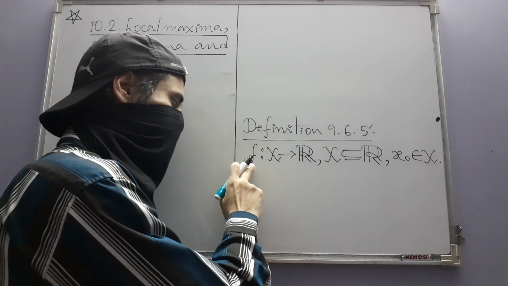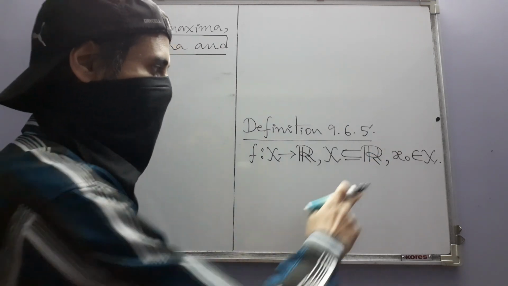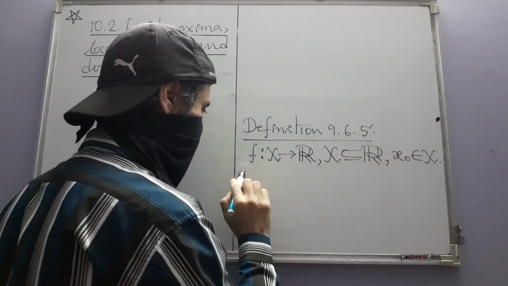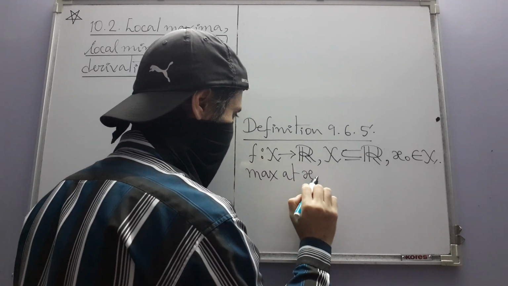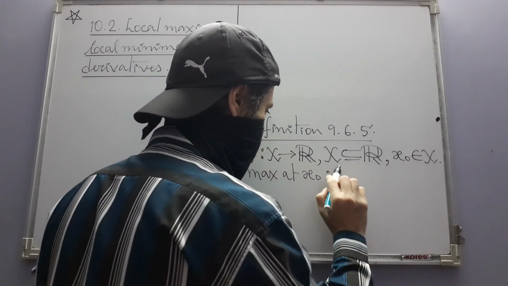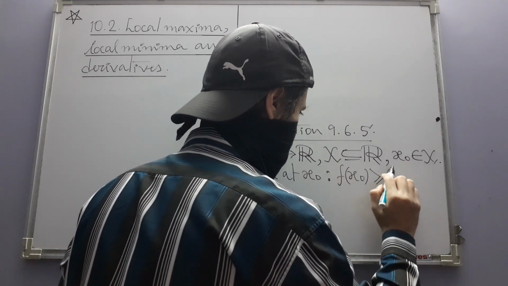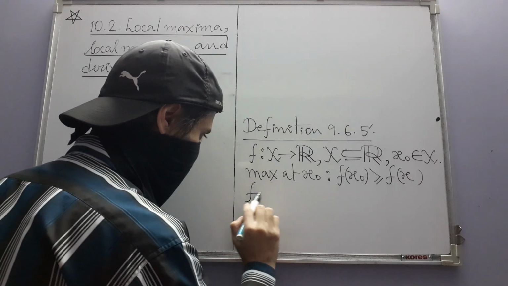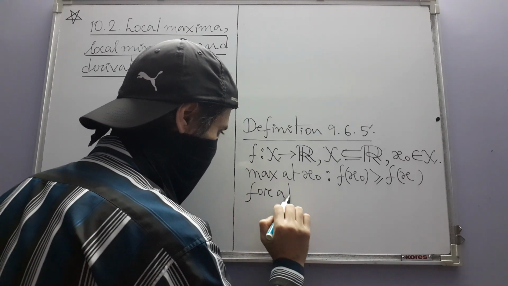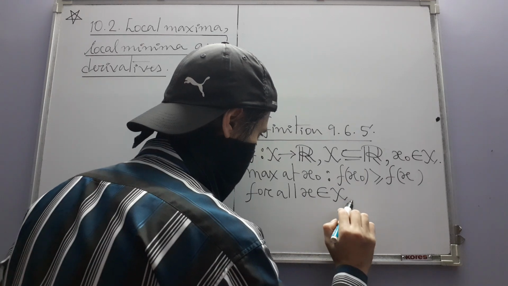We say that f attains maximum at x naught if f of x naught is greater than or equal to f of x for all x in X.